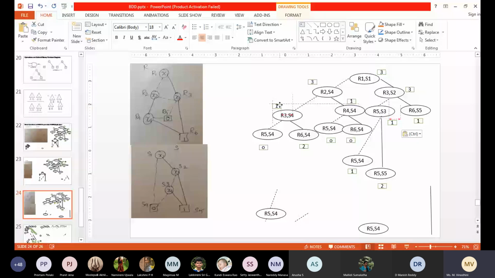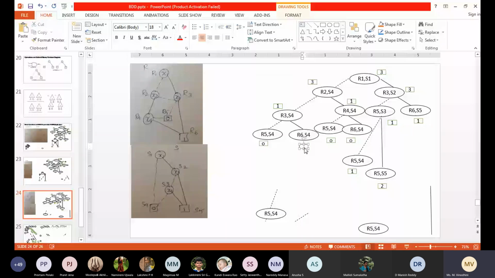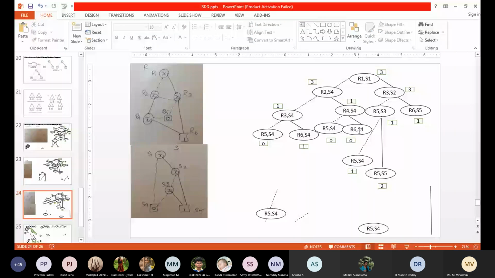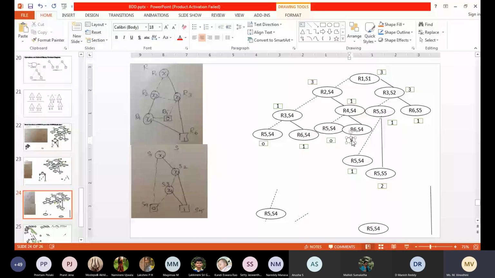R5, S4. R5 is 0, S4 is 0. 0 plus 0 is 0. R6, S4. R6 is 1, S4 is 0, so it is 1. R5, S4 is 0. R6, S4 is 1. Then R5, S5 is 1.